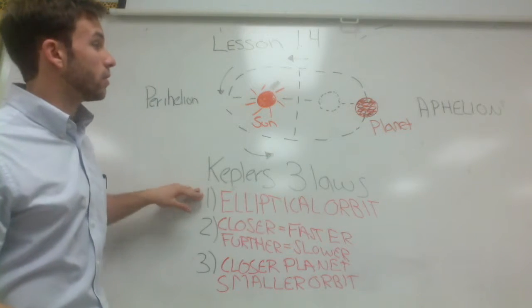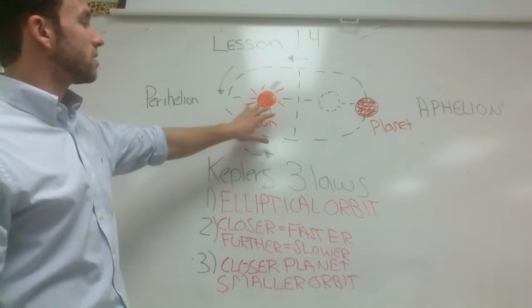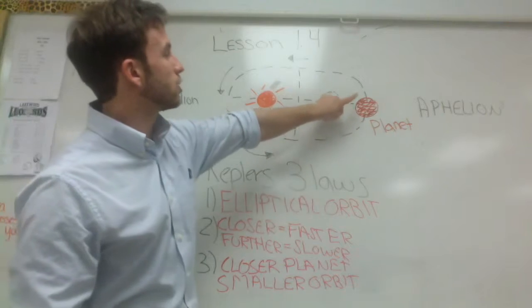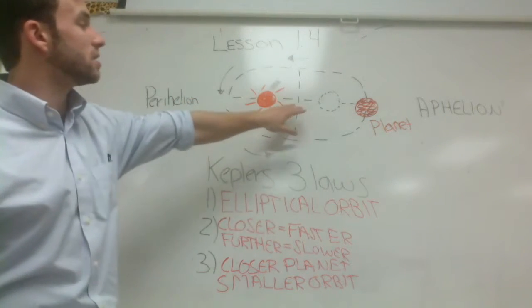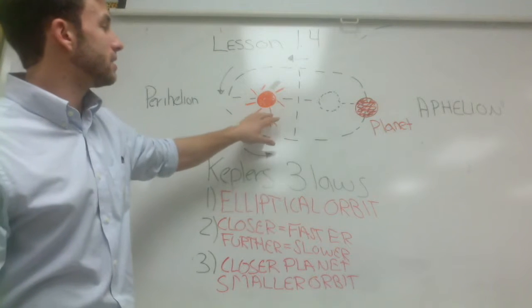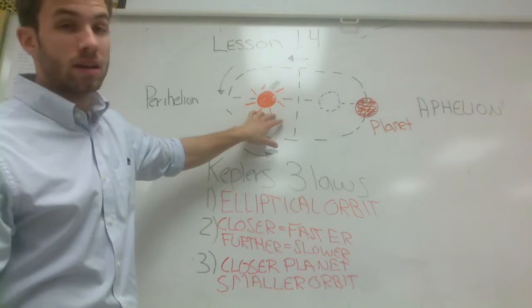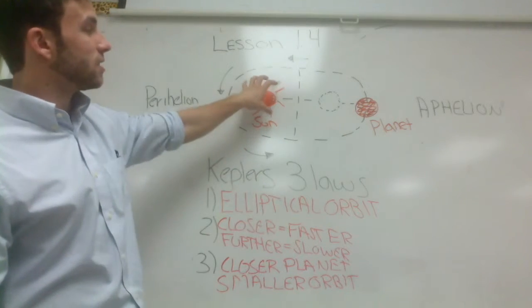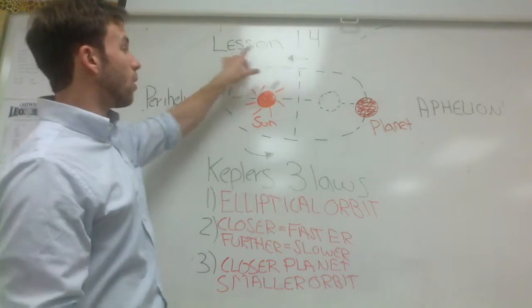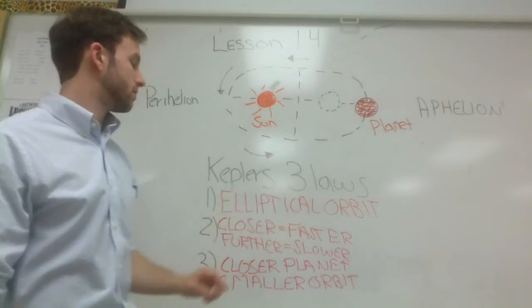That's pretty straightforward. We know that a planet is going to create this with the sun at one axis and the planet traveling around the sun in an ellipse. Note that the sun is not in the very middle. Instead, the sun is at one focal point. So if you cut the ellipse in half, it would be in the center of one side, and the planet will go all the way around the full ellipse.